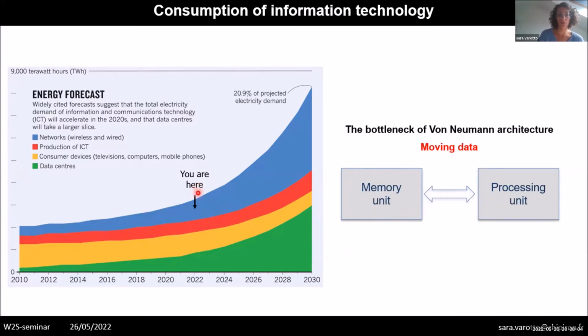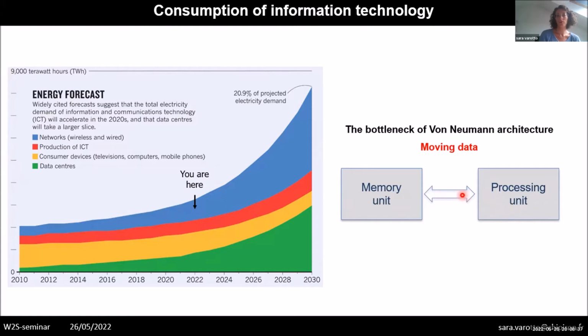And considering that we are now here in 2022, you can see from this graph that the energy forecast predicts that ICT will consume up to 21% of the total energy demand in the world in a few years. And of course, this is not sustainable. This problem is related to the fact that nowadays computers are based on von Neumann architecture, in which we have a memory unit and a processing unit that are separated.